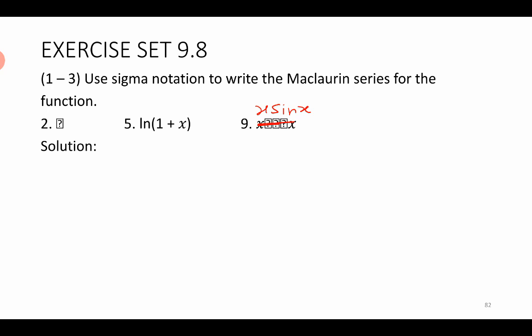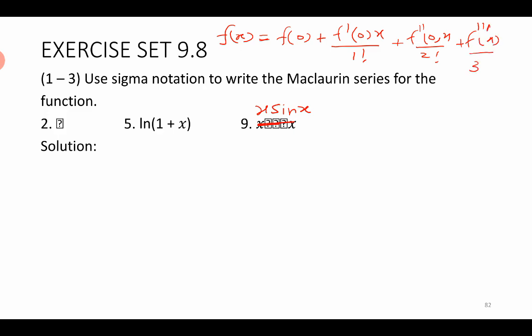I'm writing the Maclaurin series here: the function f of x is expressed as a series, the function is x sine x, f of 0 plus f dash of 0 times x over 1 factorial, f double dash of 0 x square over 2 factorial, just to find 3 or 4 terms, then the third derivative at 0 over 3 factorial times x cube, and it goes on. You need to catch the pattern to write the nth term; find 4 or 5 terms to get the pattern. That's it.